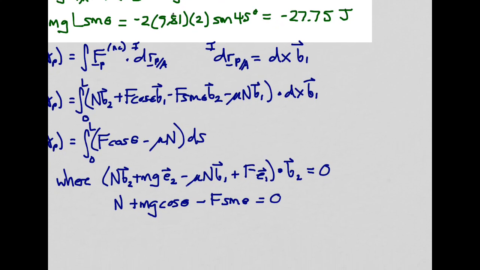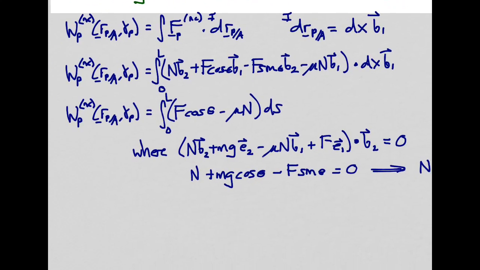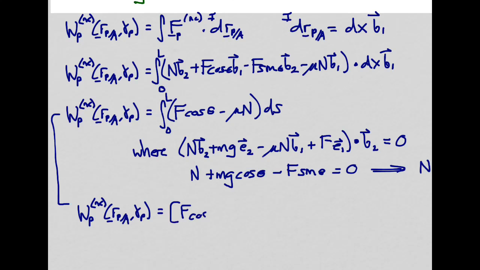And when we plug all this information in, this gives us that our normal force is equal to 3.26 newtons. So we have our expression here, we have our work. We're going to take the integral of our work now, and we get f cosine theta minus mu n, all multiplied times L after we take our integral.